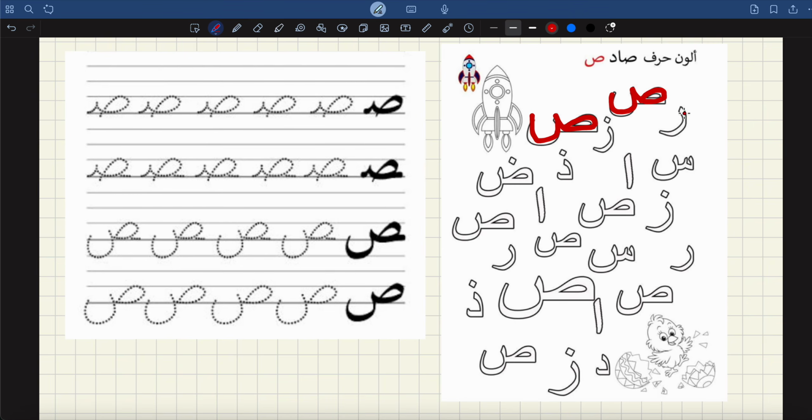This is Sad. This is Ra, Zay with dot, Sin, Alif, Dal. This is the letter Dad. It's the same as the letter Sad, but has the dot above it. This is Zay, this is Sad here. Alif, Sad.